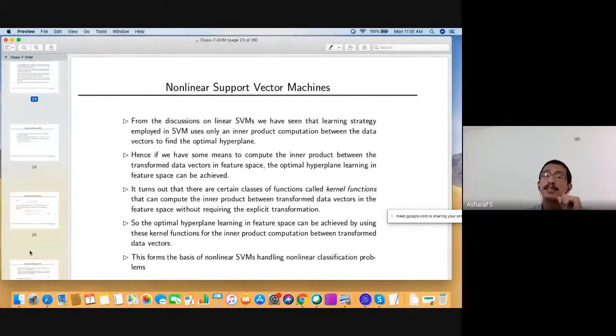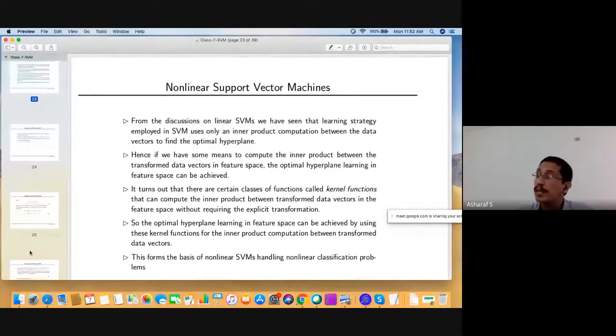Such a space exists if there is a kernel existing, and the qualification for that is Mercer's theorem. Mercer's theorem says that if you can find a function which satisfies it and can be qualified as a kernel, then there will be a space where you can do dot product computation, where your dot product is equivalent to the computation achieved by the kernel.